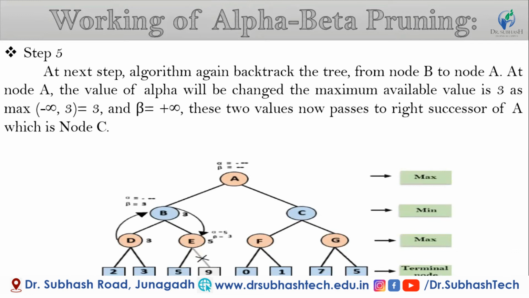So we select the maximum value 3, and beta is plus infinity. These two values now pass to the right successor of A, which is node C. So at node C, alpha is equal to 3 and beta is equal to plus infinity, and the same values will be passed to node F.